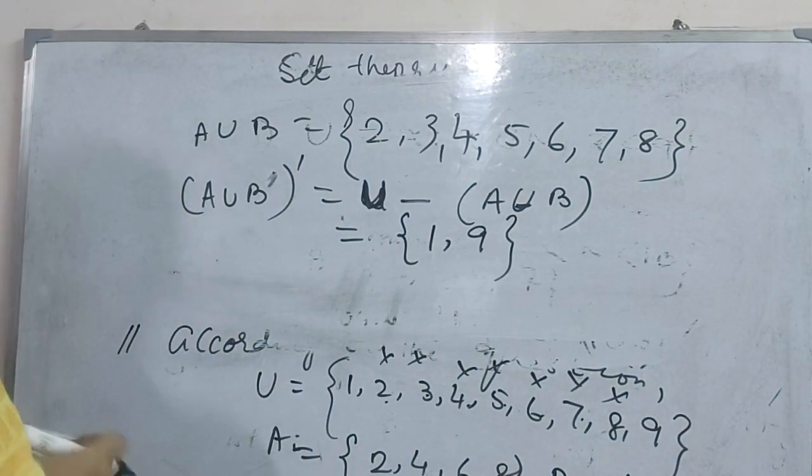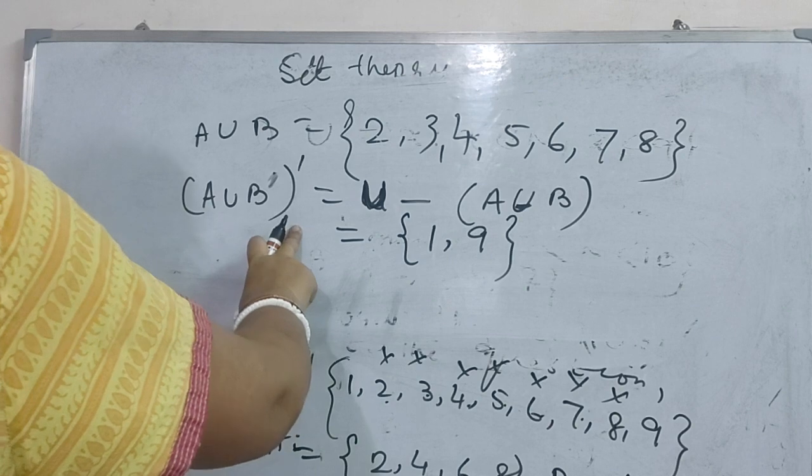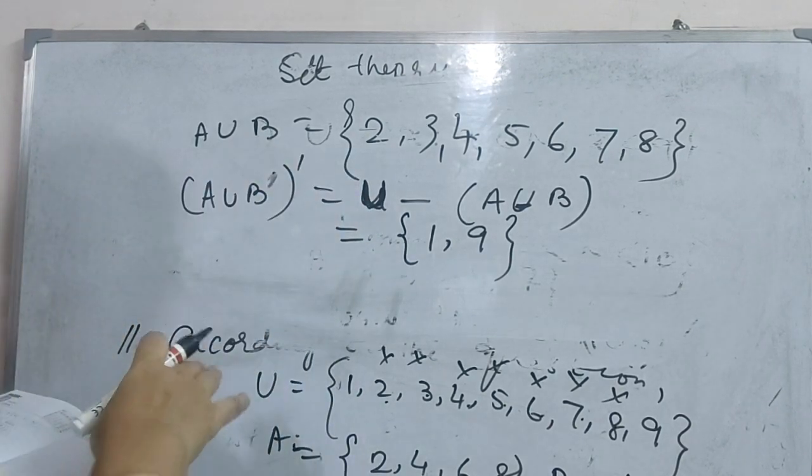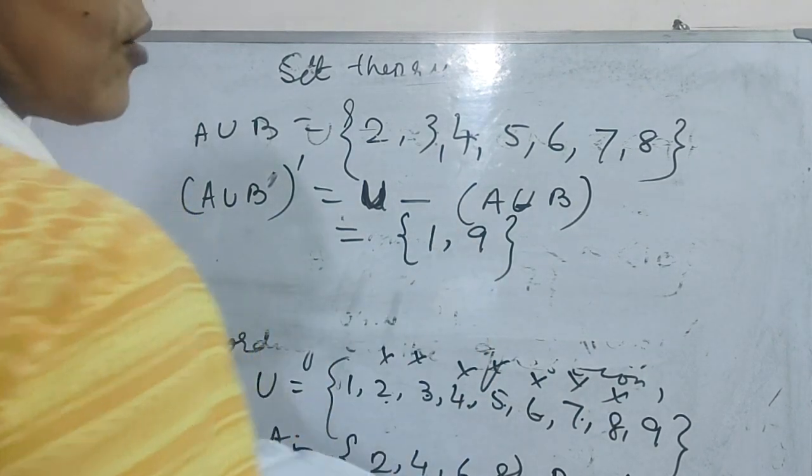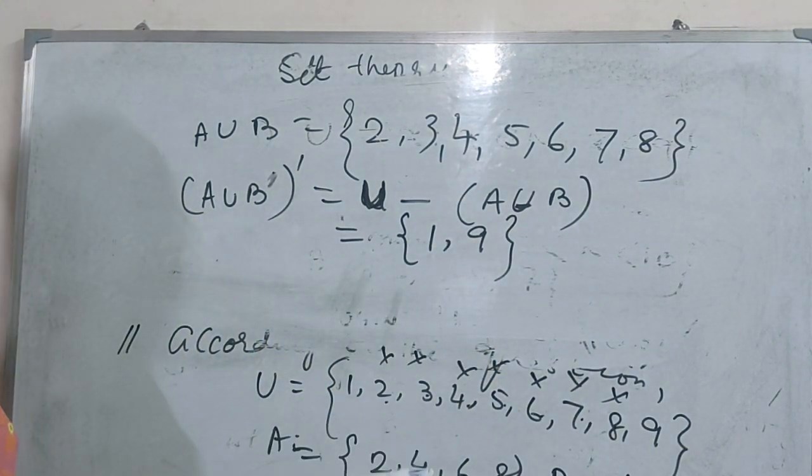So (A union B) complement means the elements that belong to U but do not belong to A union B.